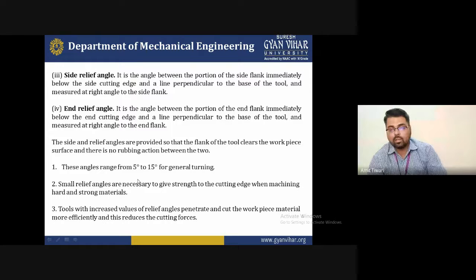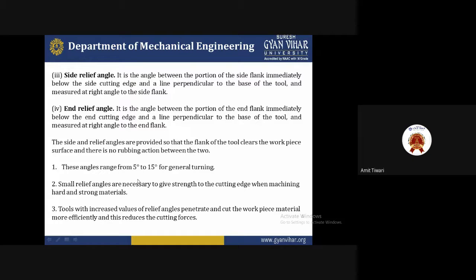Second, a small relief angle is necessary to give strength to the cutting edge when machining hard and strong materials. We need to check the material before cutting. These are the fundamentals for preventing tool wear and increasing tool life.